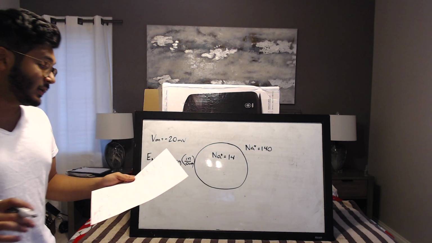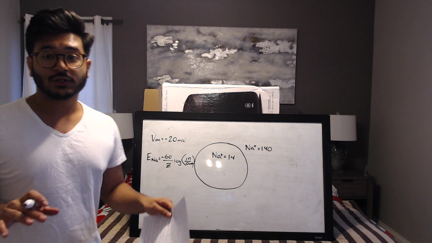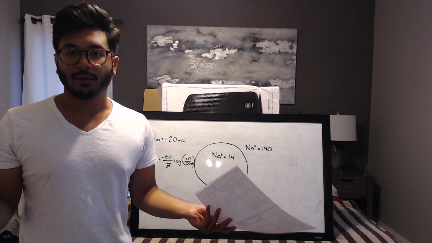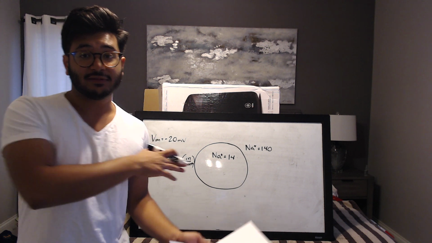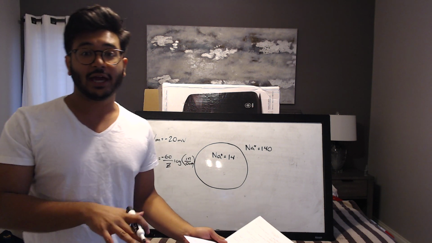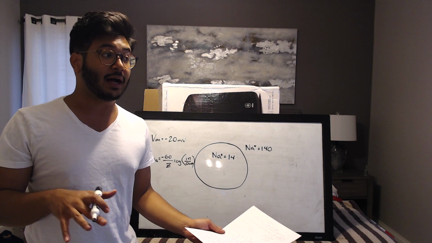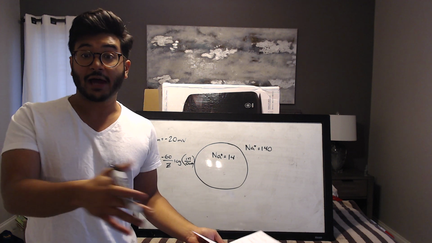The one thing you want to watch out for with this equation is that it's usually almost the same for everything, except when the Z value changes. And the Z value is going to change depending on the valency of your ion itself.